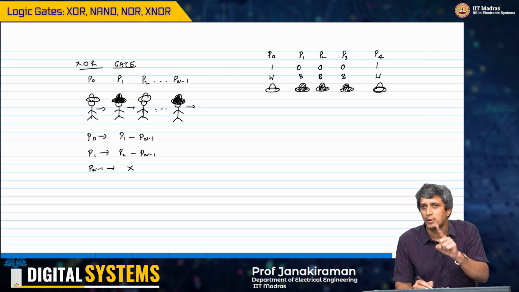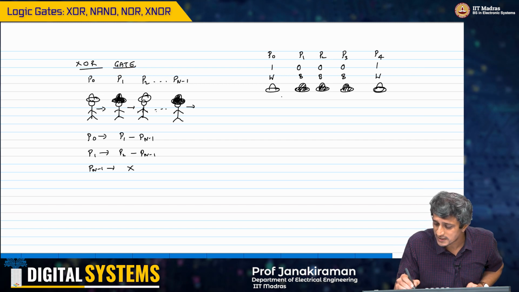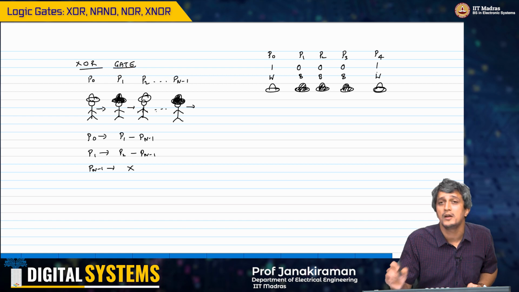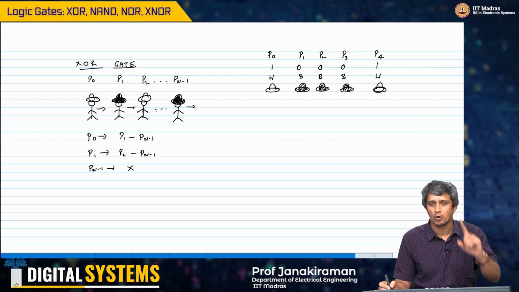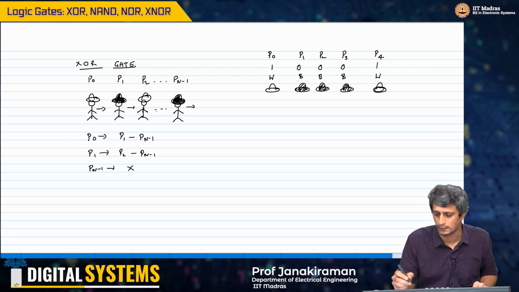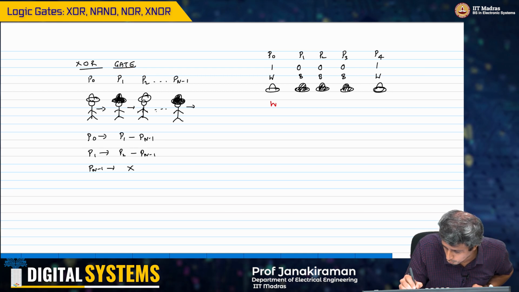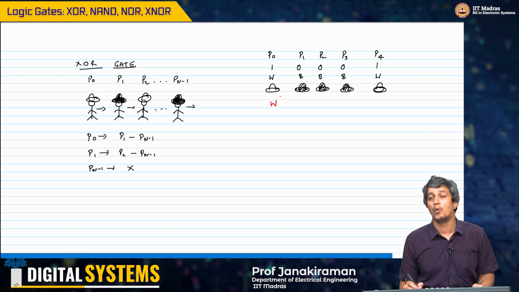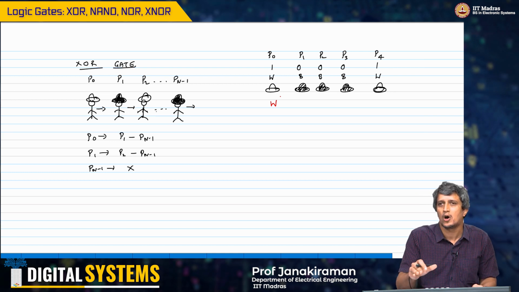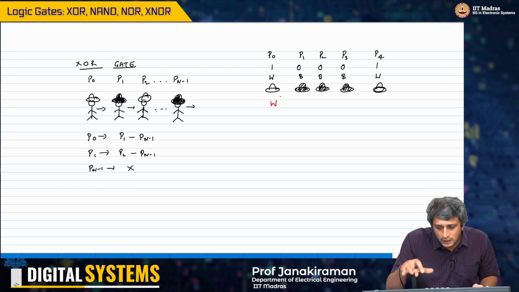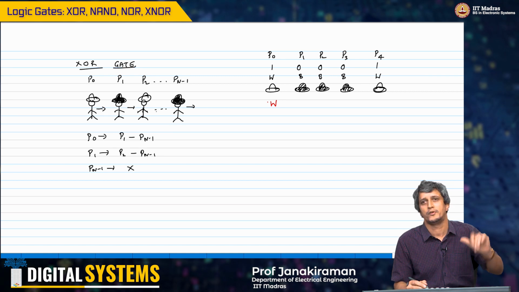If there are even number, he will say black. Okay. So P0 sees that there is only one white hat, right, and therefore will end up shouting white as the answer. So P0, okay, I am going to write in red what they are going to shout. They will shout white. It's just by chance that this person is also wearing a white hat, and therefore P0 will get saved.